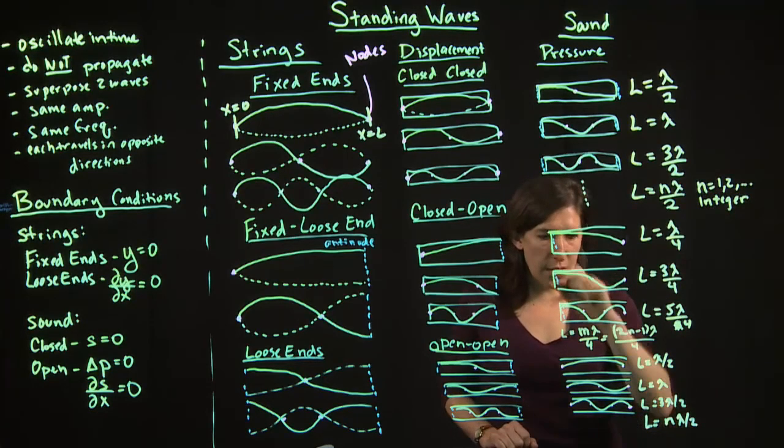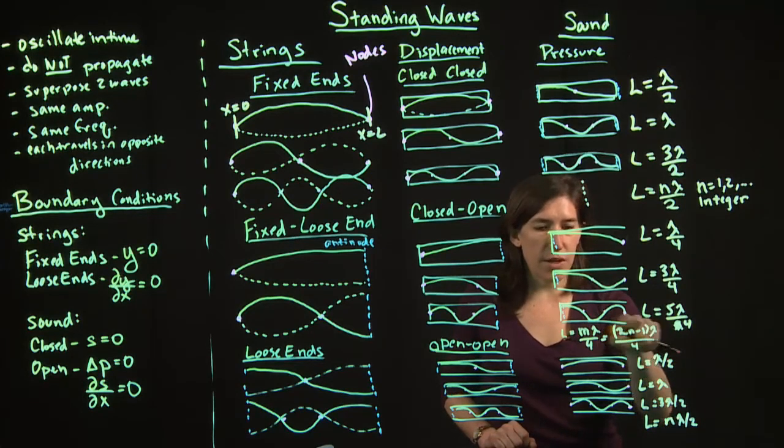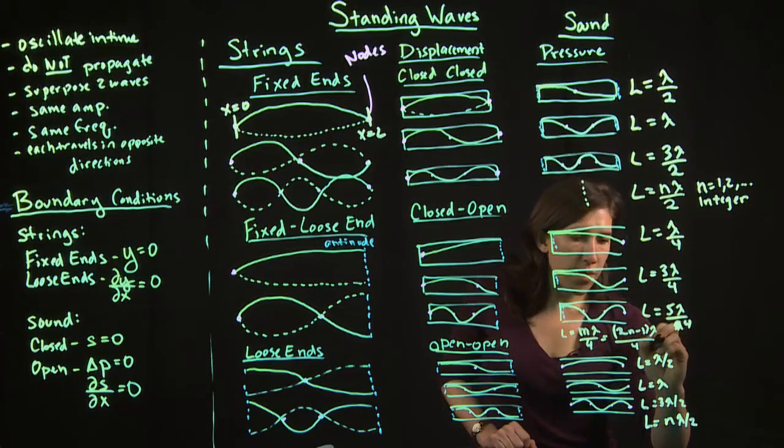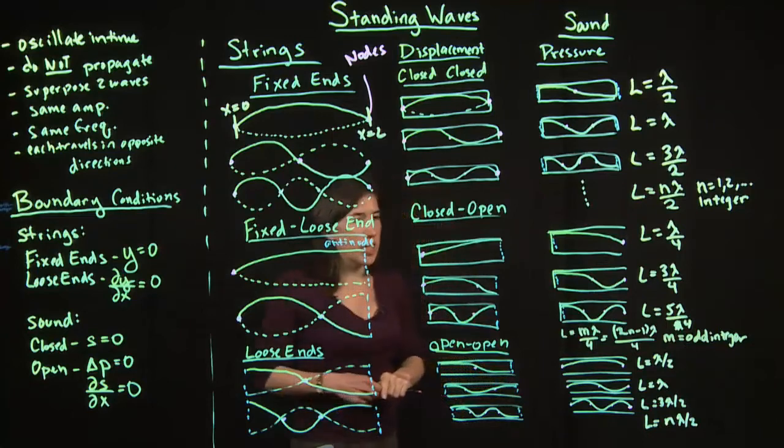And that's the same case down here. So we can again write n as an integer, in which case this would be right. So we're starting with 1, so we see the first one is lambda over 4. Or we could just write it in terms of m, where we say m is an odd integer specifically. Anyway, there's just a couple different ways you could write those solutions.